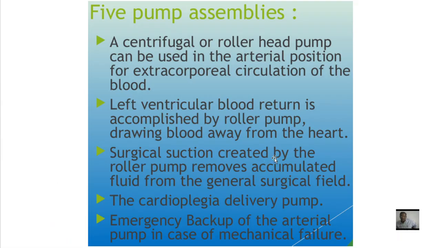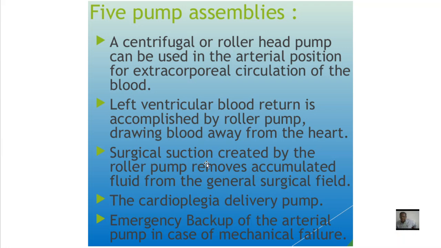Next, the five pump assemblies. A centrifugal or roller head pump can be used in the arterial position for extracorporeal circulation of the blood. Left ventricular blood return is accomplished by a roller pump drawing blood away from the heart.